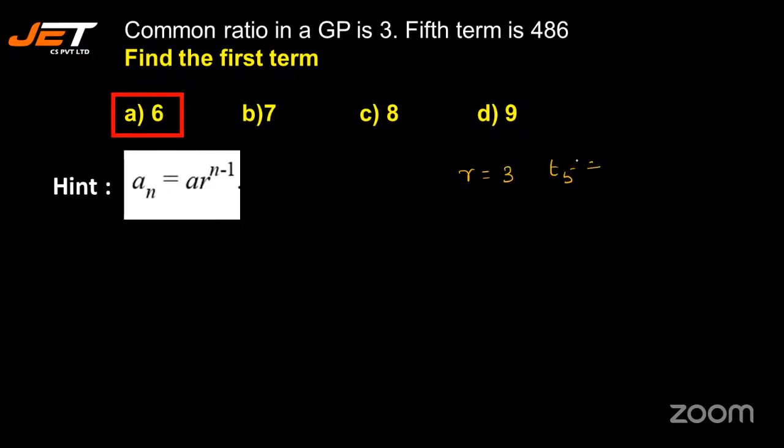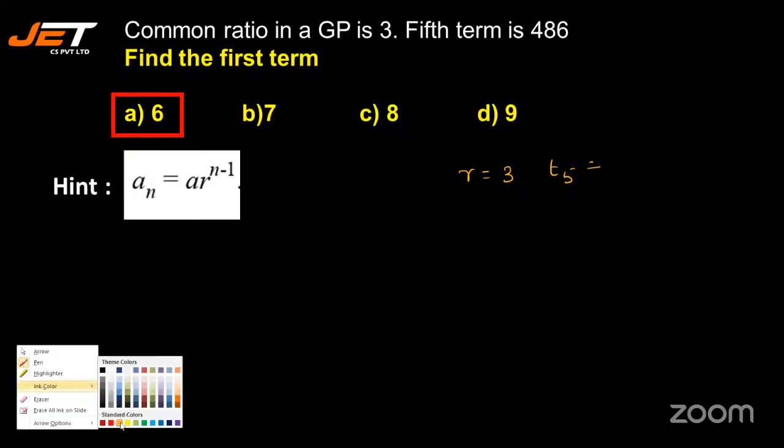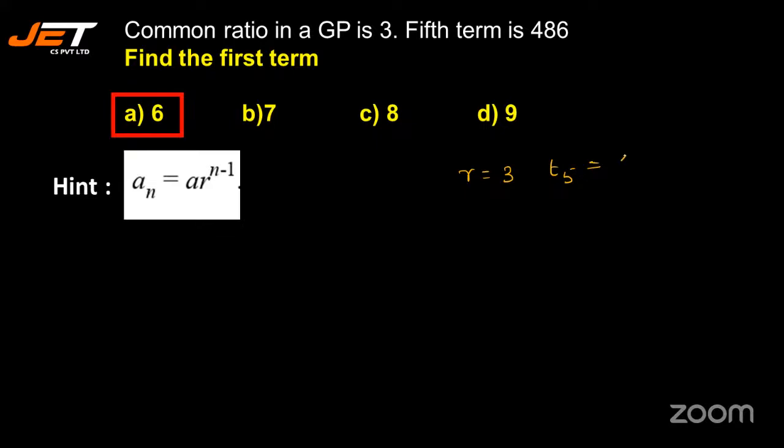T5 is, what was the T5 that we found out? 486. So T5 is 486. Now we need to find out the first term.